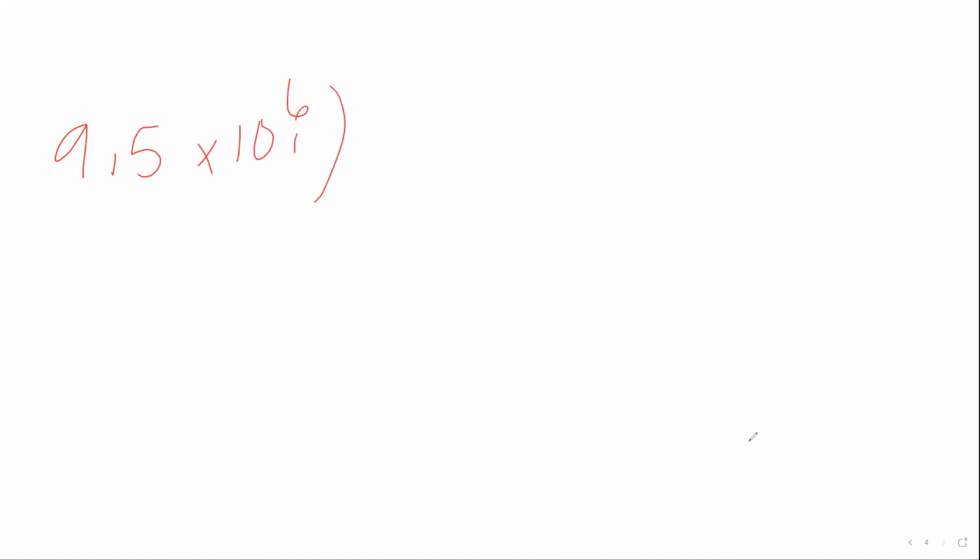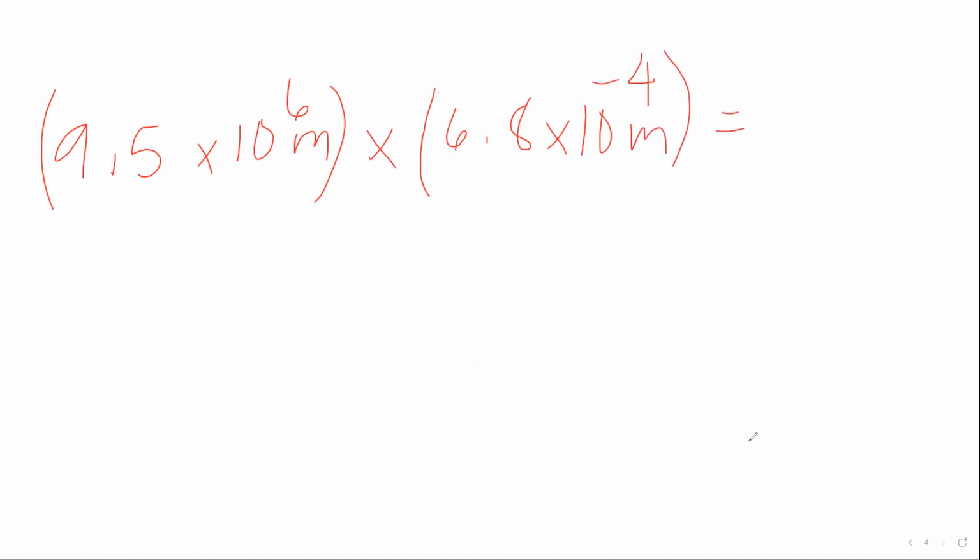And then we're going to make it meters again. Meters is good. Times, let's say 6.8 times 10 to the negative 4. All right. And this is still meters. Okay, so you always have to have the same units when you're multiplying also, because you cannot multiply meters times centimeters. You have to convert one to the other, but we haven't learned that yet. So that's why we're not doing that.